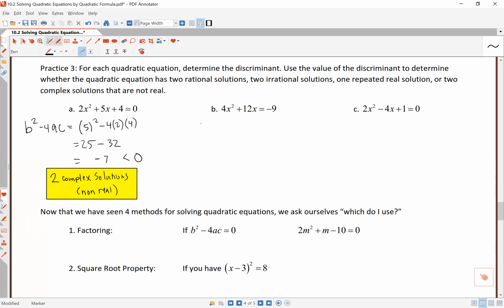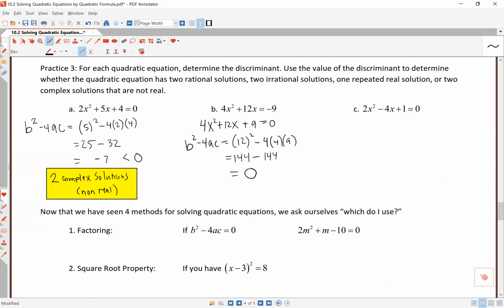In letter B, we'd add 9 to both sides. And then we see that b squared minus 4ac is 12 squared minus 4 times 9, which is 144, minus another 144, which is 0.